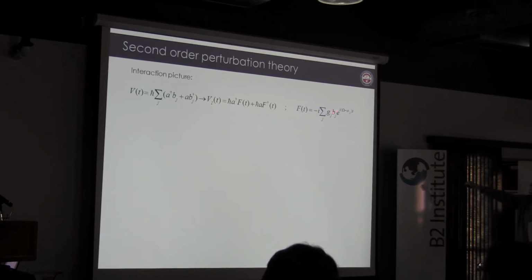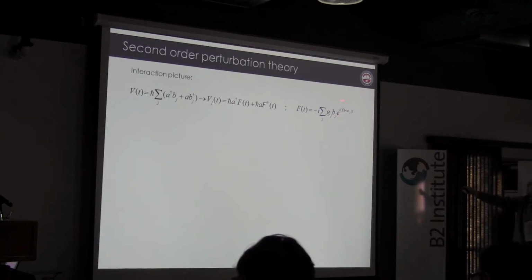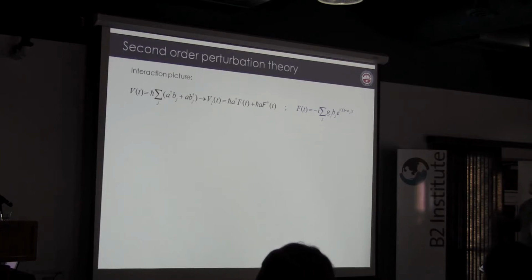And I'm looking at this in the interaction picture, so I put in the free evolution of the system and the reservoir, which means that A dagger picks up a positive e to the i capital omega t, and then the B picks up an e to the minus i omega j t. That is the time-dependent phase in the interaction picture. And this is what we call the quantum noise operator for the reservoir, and you'll see why later. So it's basically a sum over all these modes.